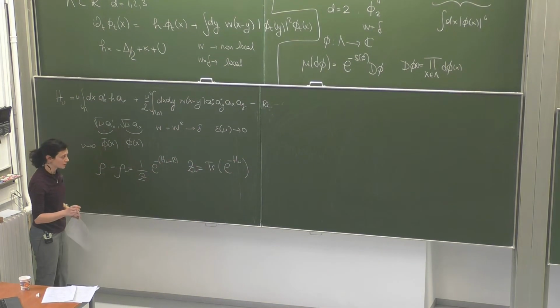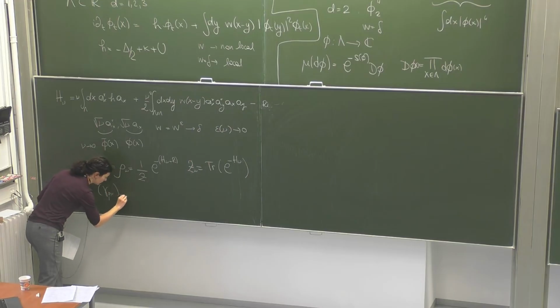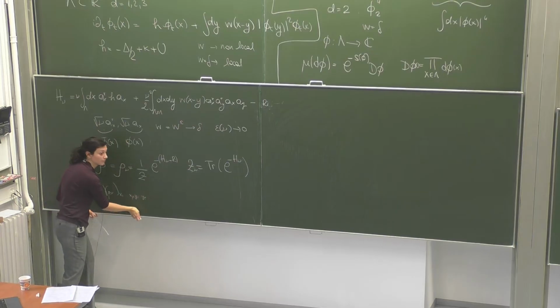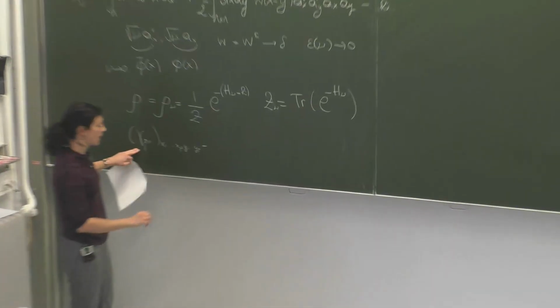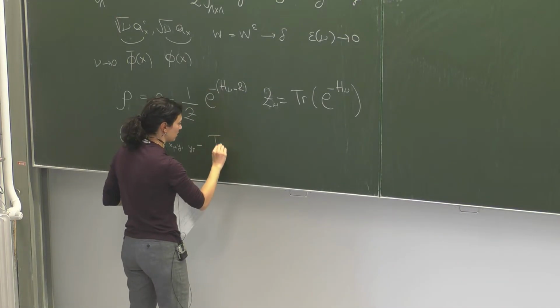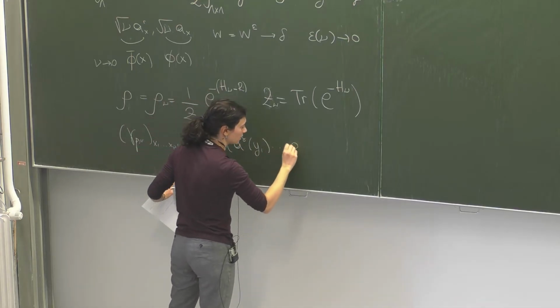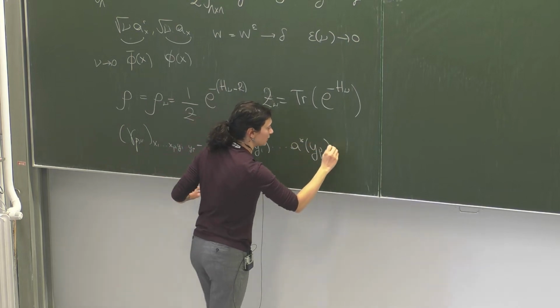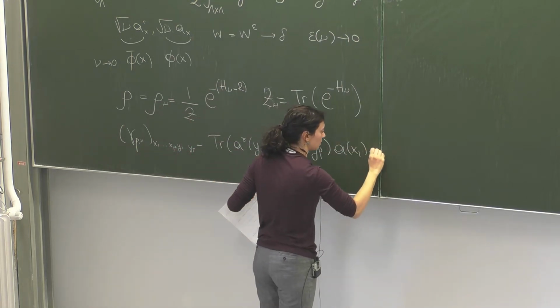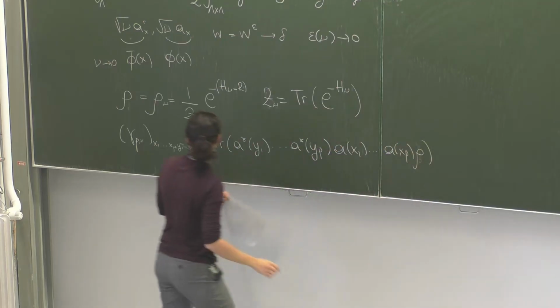Okay, then we consider as objects, as we've seen in many talks, the p-particle density matrices, gamma depending on p and nu. This is just the trace of a star of x1 through a of yp against the Gibbs state.